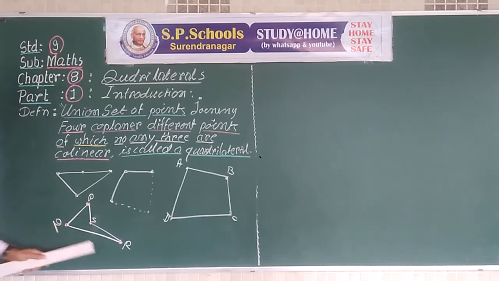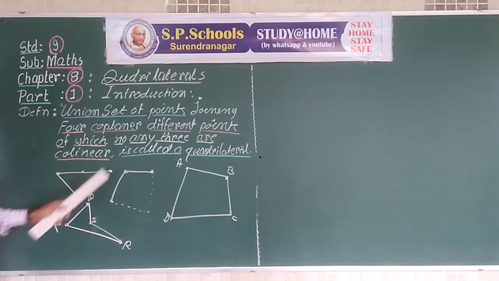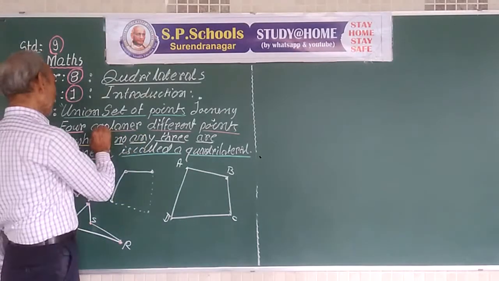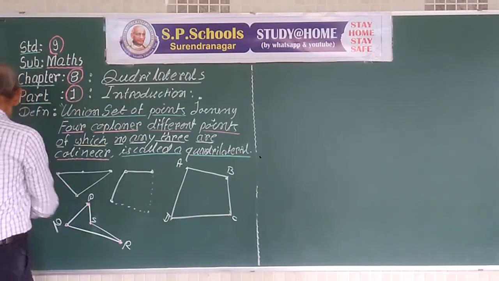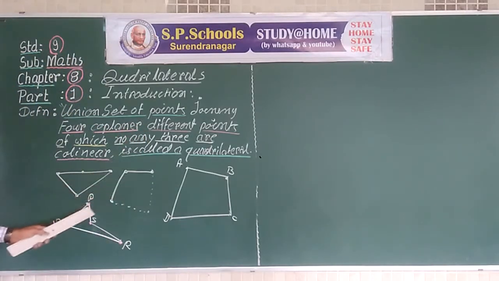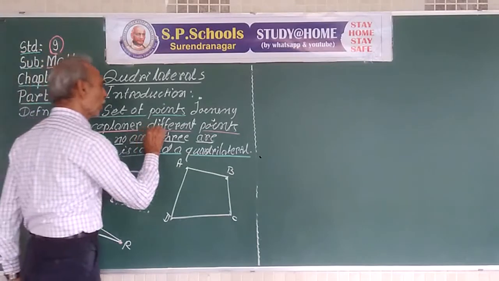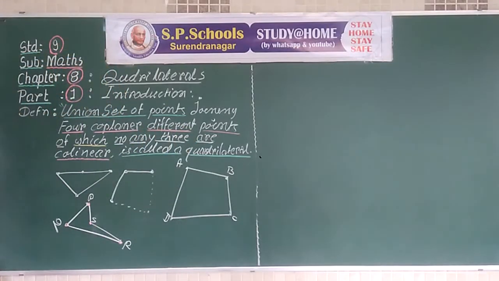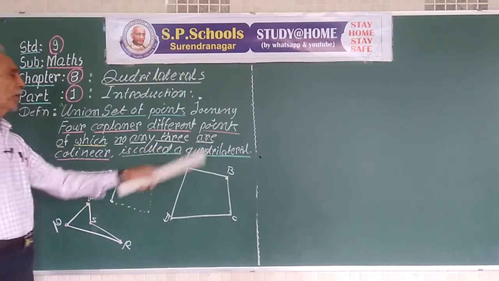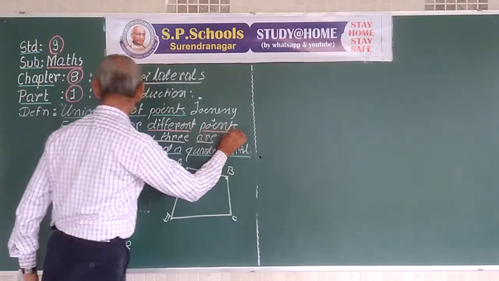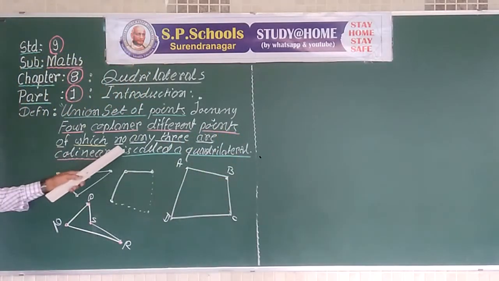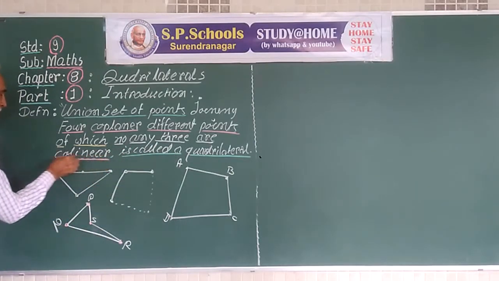All these points P, Q, R, S are coplanar. This condition is also satisfied. They are different. This condition is also satisfied. Points of which not any three are collinear. This condition is also satisfied.